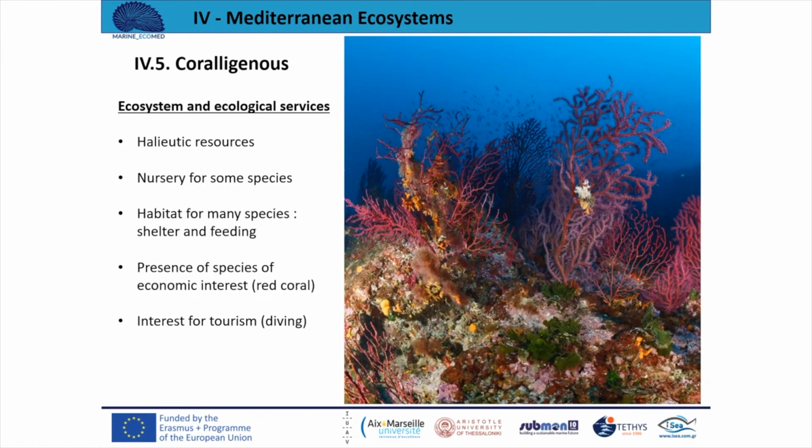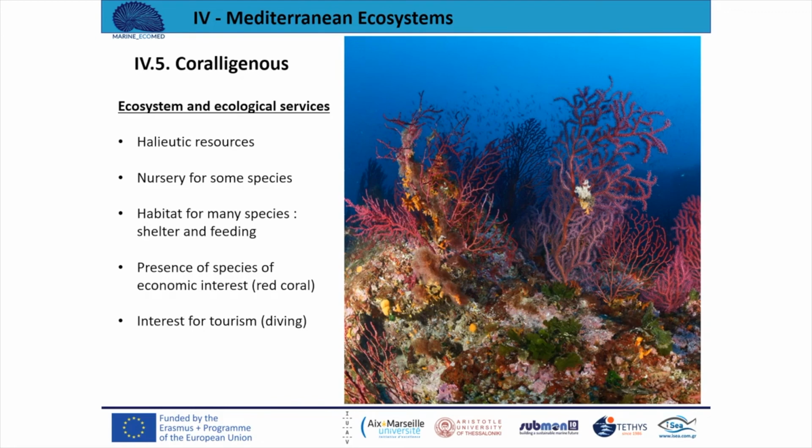Coralligenous provides several ecosystem and ecological services, for example, through the provision of food, with large halieutic resources for artisanal fishing activity, providing nursery function, shelter, and pantry for many species.